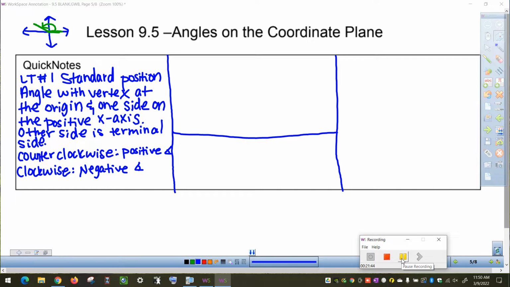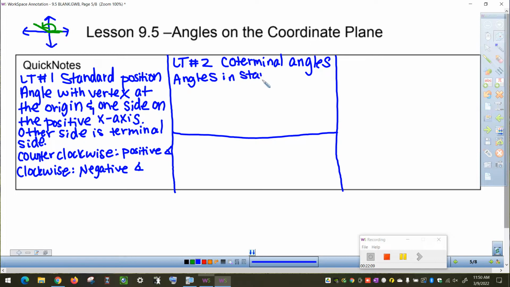All right, so let's look at our second learning target here. This was just to find coterminal angles for a given measure. So these are angles in standard position that share a terminal side.